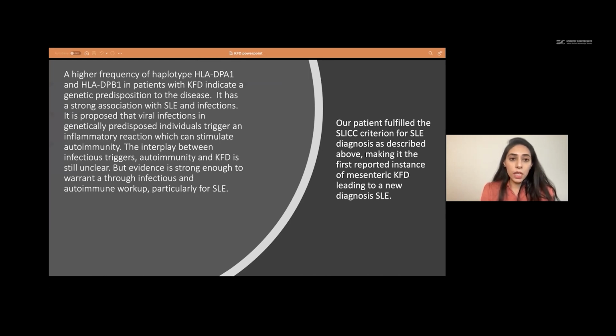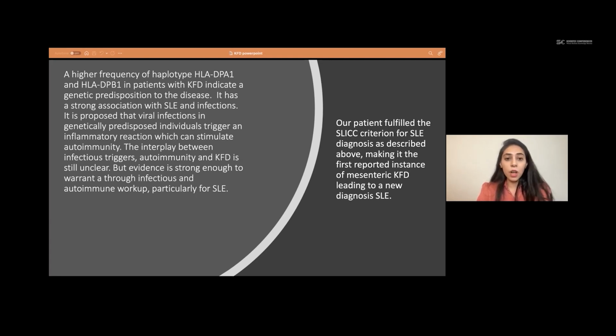It is proposed that viral infections in these genetically predisposed individuals tend to trigger an inflammatory reaction, which can in turn lead to stimulation of autoimmunity. But the exact pathophysiology and the mechanisms involved in infectious triggers, autoimmunity, and development of KFD is still unclear.